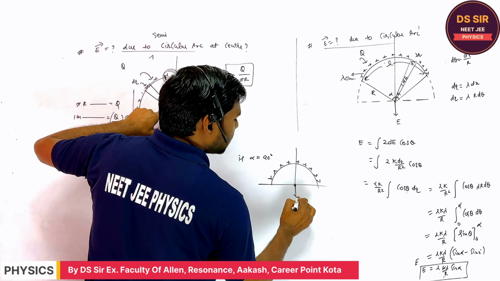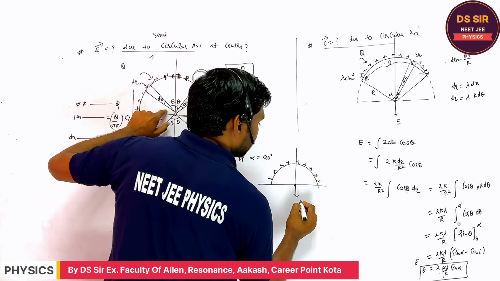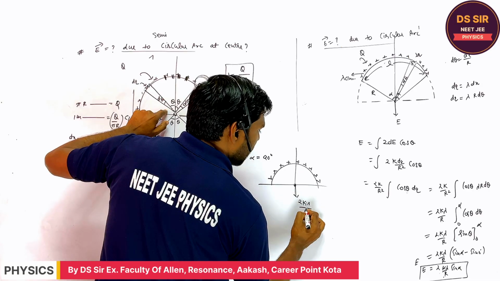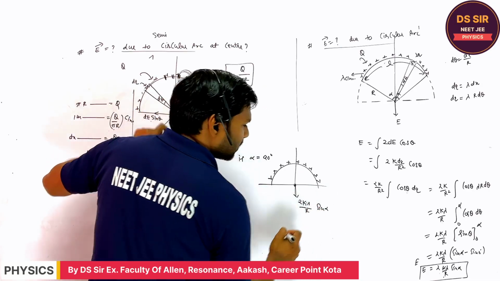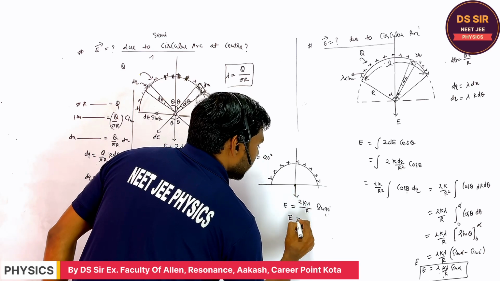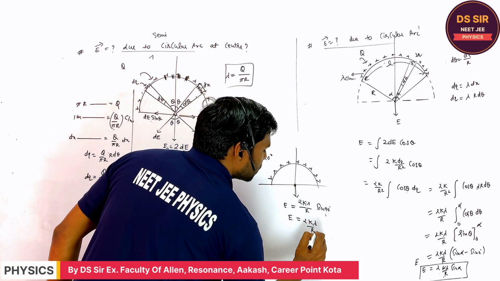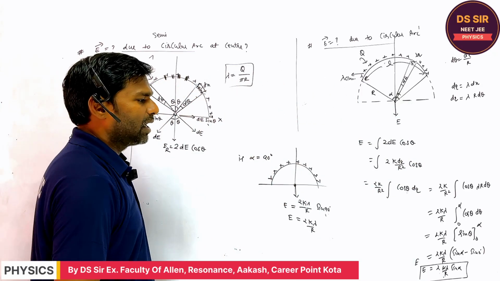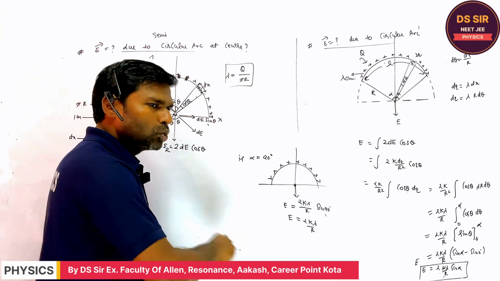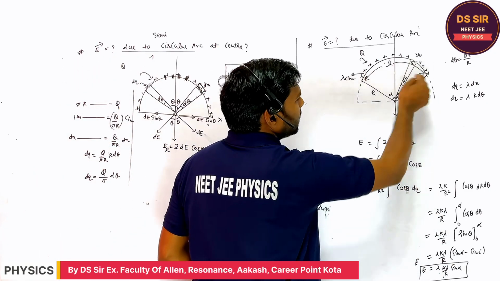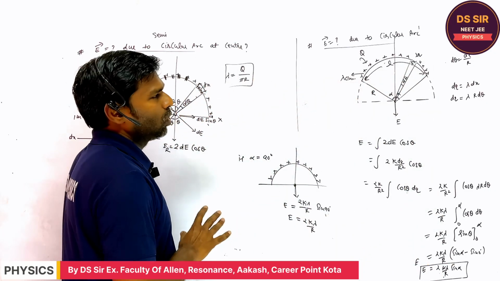So what is the electric field at this point? 2k lambda upon r sine alpha, sine 90 degree, right? It is equal to 2k lambda upon r, which is the correct relation. So it is better to remember in terms of lambda, 2k lambda upon r into sine alpha, right? The lambda value you can write later in terms of the q also, right?